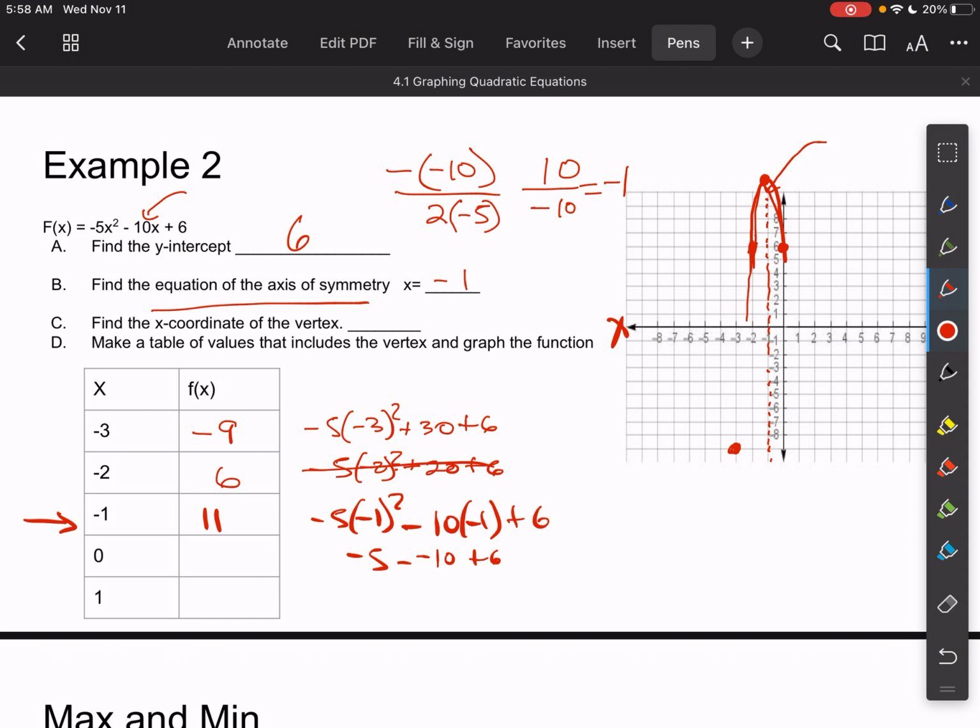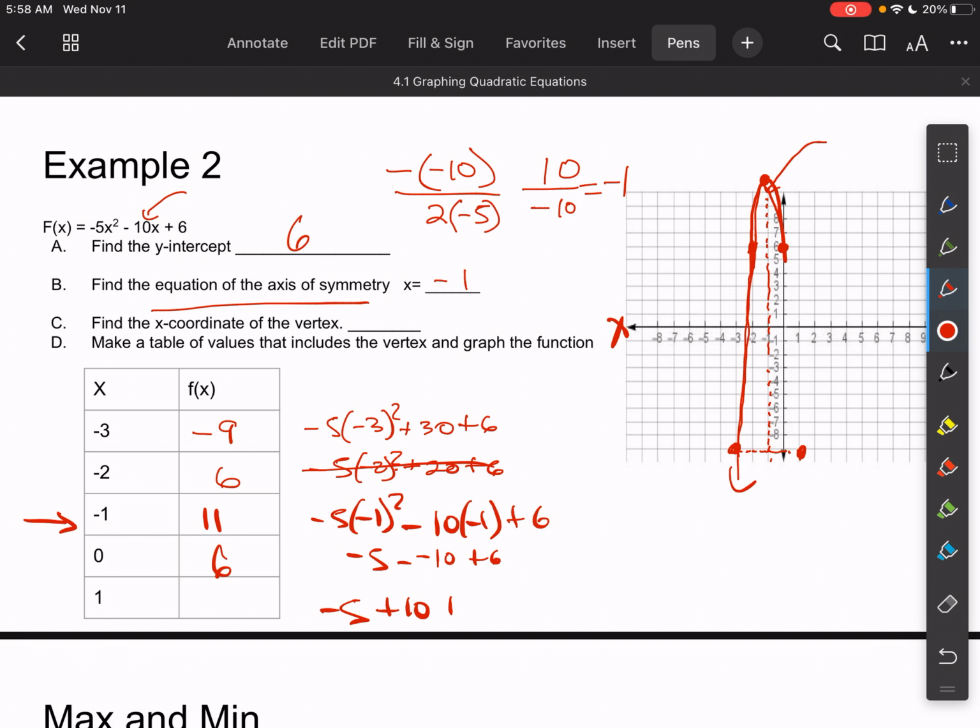Okay, so you just kind of connect that. Get something that looks like that. That means that if I go 2 away from this line on the other side, if I plugged in a 1, I should also be there. At 0, I know I'm at 6. If I plug in a 1, I would get negative 5 plus 10, which is 5, plus 6.